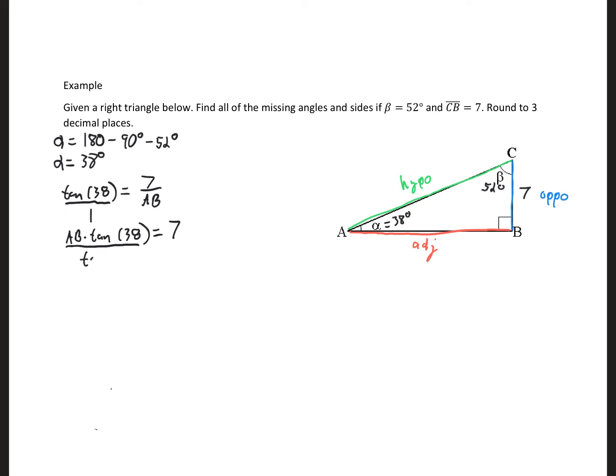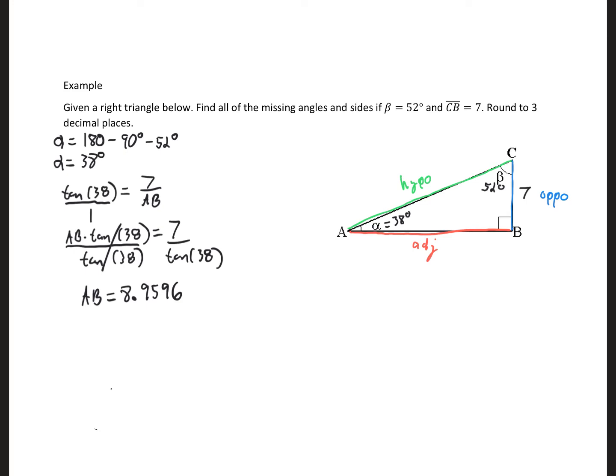We divide by tangent of 38, which will give us side length AB equals 7 over tangent of 38. And if we put that in our graphing calculator, again we'll get 8.9596. That's the same length that we got using 52, but in the opposite direction.